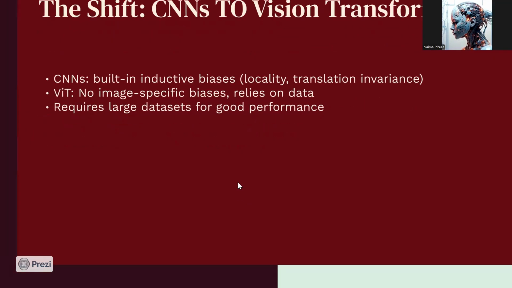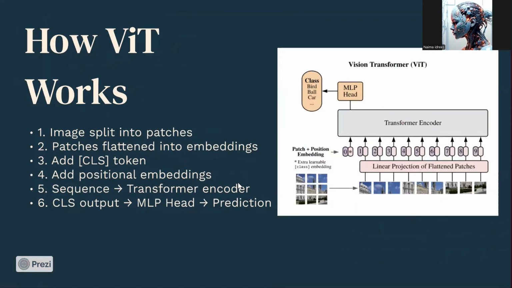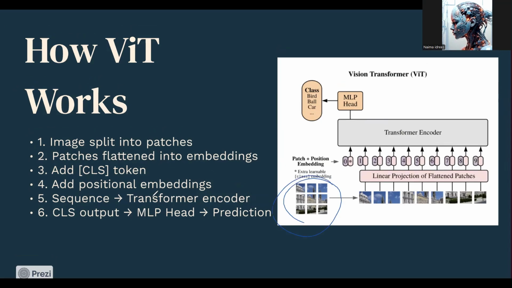Okay, so we have this figure, and this shows the step-by-step process of how the vision transformer works. First of all, we have an image here, you can see in the figure, right?